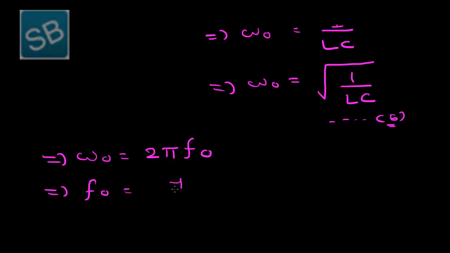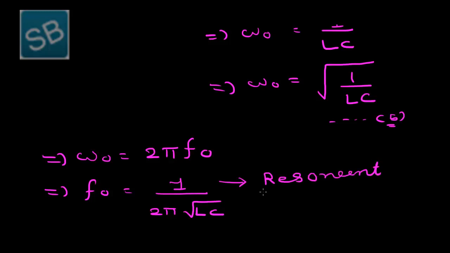So f0 will be 1 upon 2 pi under root of LC. And here f0 is known as the resonant frequency of the LCR AC circuit.